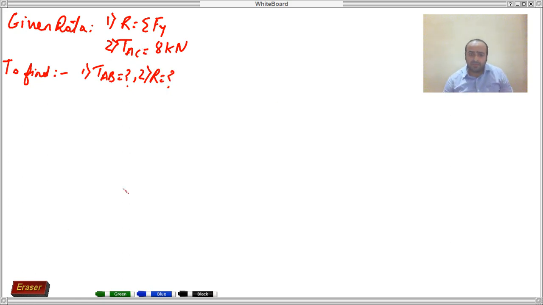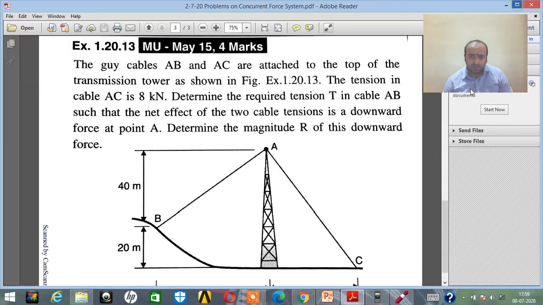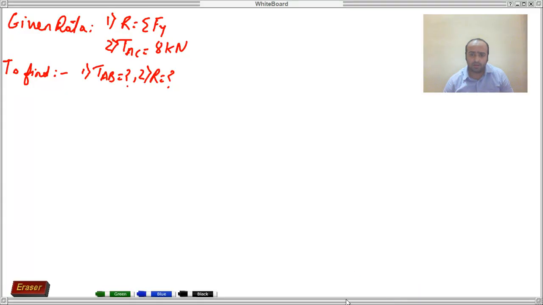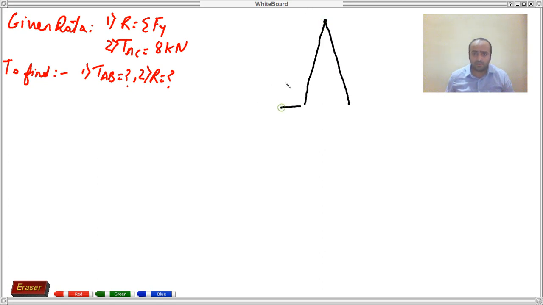Now, my dear friends, let's draw the free body diagram of this problem. As you can see, the question's diagram is like this. We will be drawing the free body diagram of it now. Okay, so now I'll start with this. It will be drawn like this.